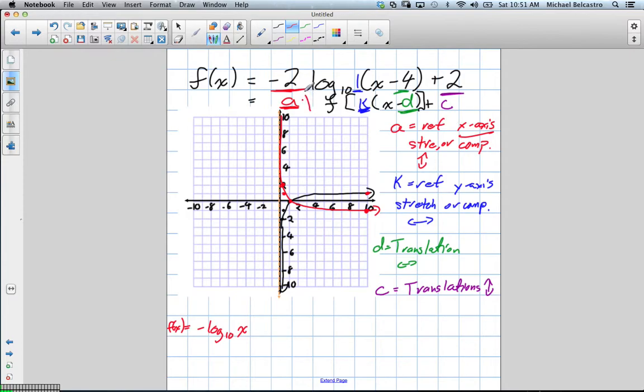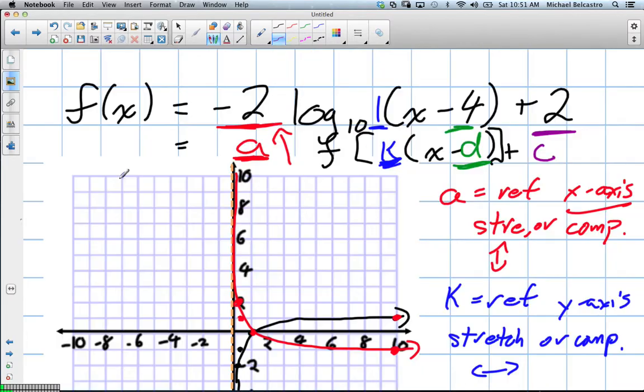Now the other thing involved too is our value of A. Our value of A is going to do what to all of our y coordinates? Do you know? Stretch them? Yeah, it's going to stretch them all. So we'll do this one, I guess, in purple. Let's say we're now dealing with f(x) = -2 log base 10 of x. We'll zoom in because we want to get a little closer here.